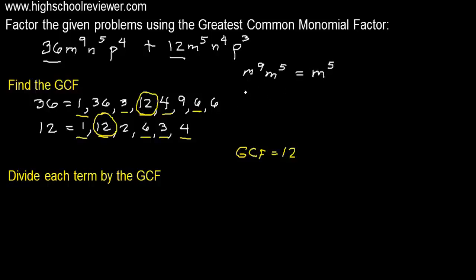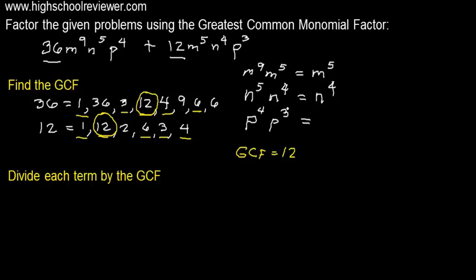And for n, we have n raised to 5 and n raised to 4. Our greatest common factor here, the one with the lowest exponent, will be n^4. And then we have p. We have p^4 and p^3.